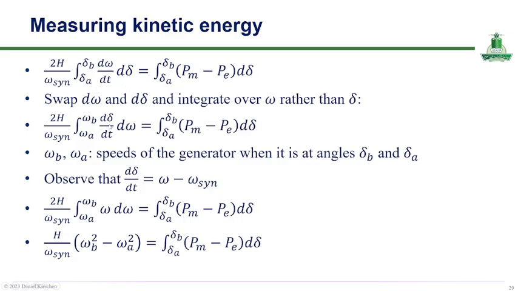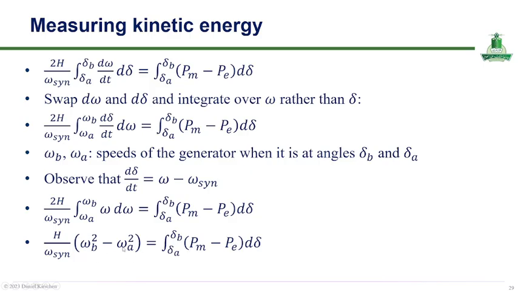So we can write this one. This is proportionally dependent on the kinetic energy. So this final expression clearly shows that the difference between mechanical and electrical power, integrated over the rotor angle, equals the change in kinetic energy of the machine.